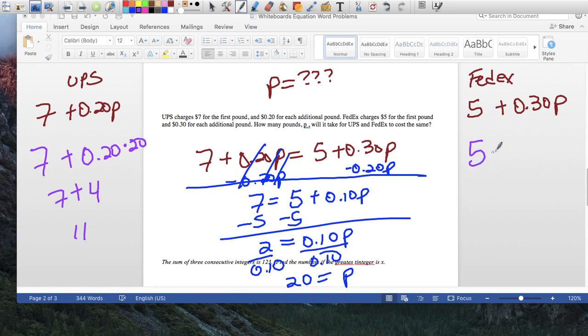FedEx is 5 plus 0.30 times p, which is 20 pounds. 5 plus 30 cents times 20 pounds would be 6, and $11. So at 20 pounds, notice how funny this is: it doesn't matter if you chose UPS or FedEx, they both would charge you the same price. And that's what we were looking for.